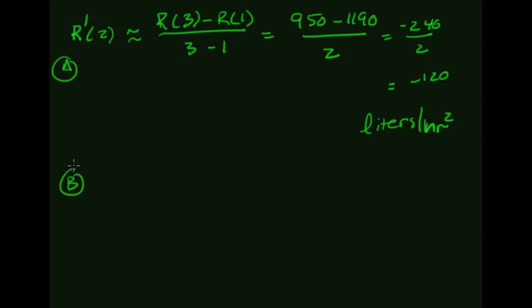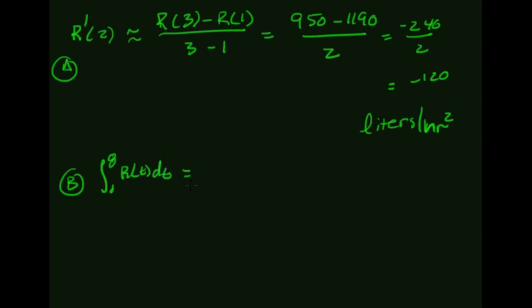Part B says use a left-hand Riemann sum with 4 intervals to indicate if the table is an estimate of total amount of water removed over 8 hours. So total amount removed over 8 hours should be the integral from 0 to 8 of R of t dt.